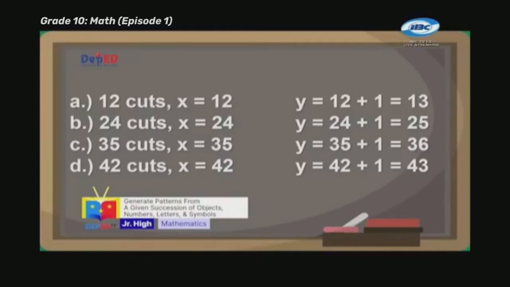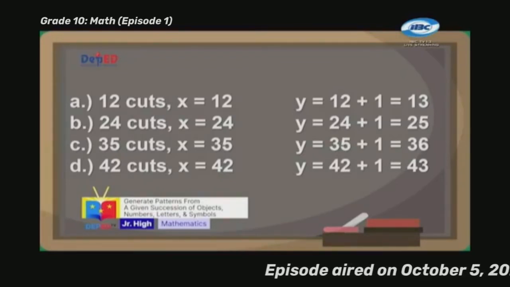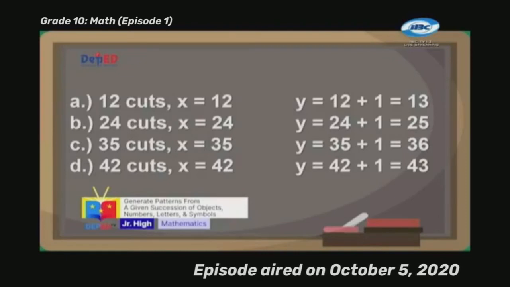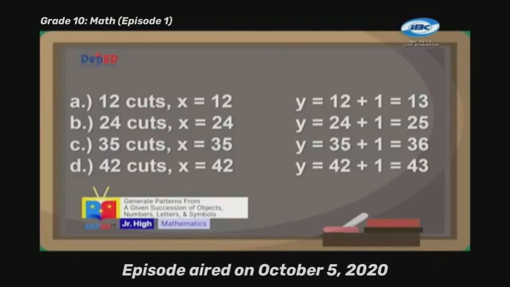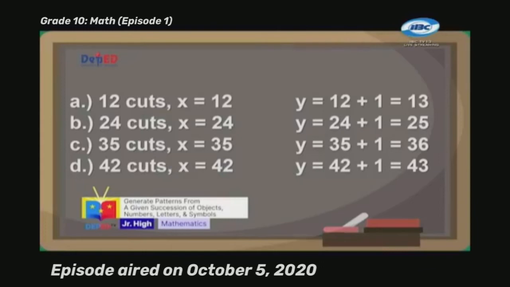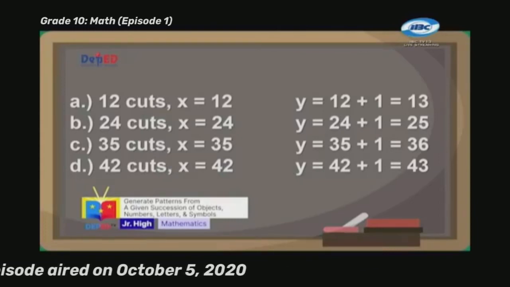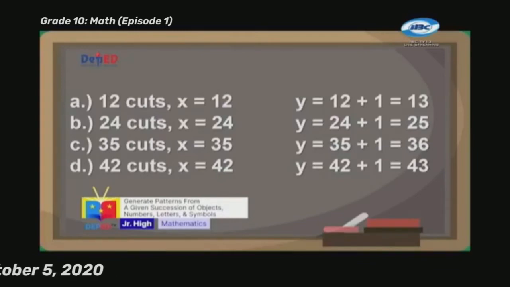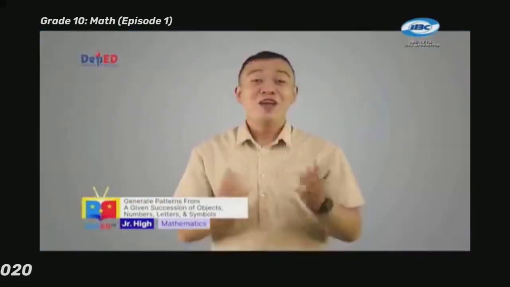For letter C, 35 cuts, x = 35, y = 35 + 1 = 36. And for letter D, 42 cuts, x = 42, y = 42 + 1 = 43. Those were the correct answers.